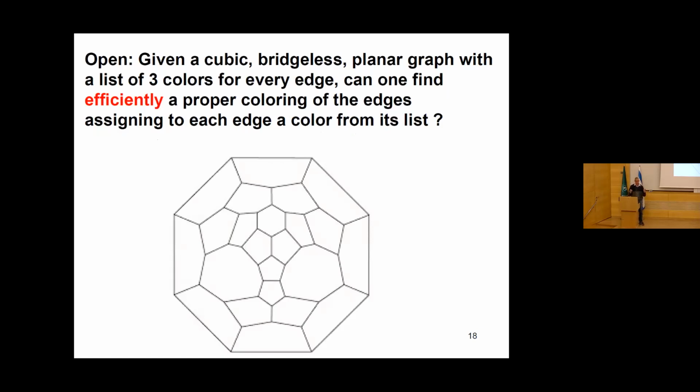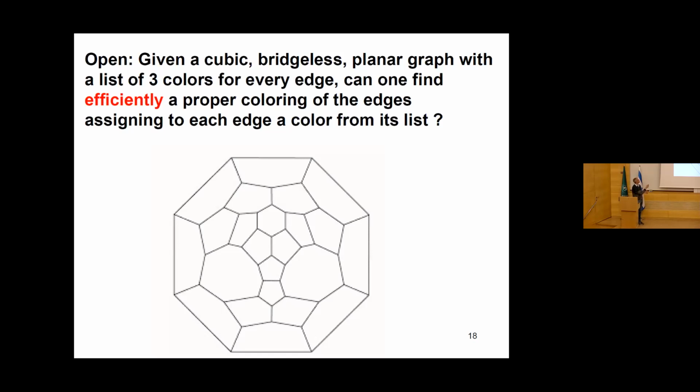I should say that although the proofs of the four-color theorem are long, complicated, and make heavy use of computer computation, still they do produce very efficient algorithms to 4-color planar graphs, and therefore to 3-color the line graph of any cubic bridgeless planar graph. But here again, we don't know the algorithm because the proof comes with this polynomial coefficient.